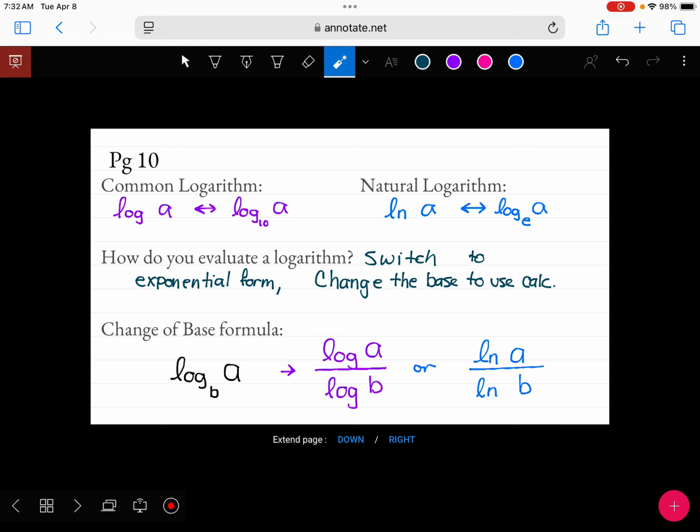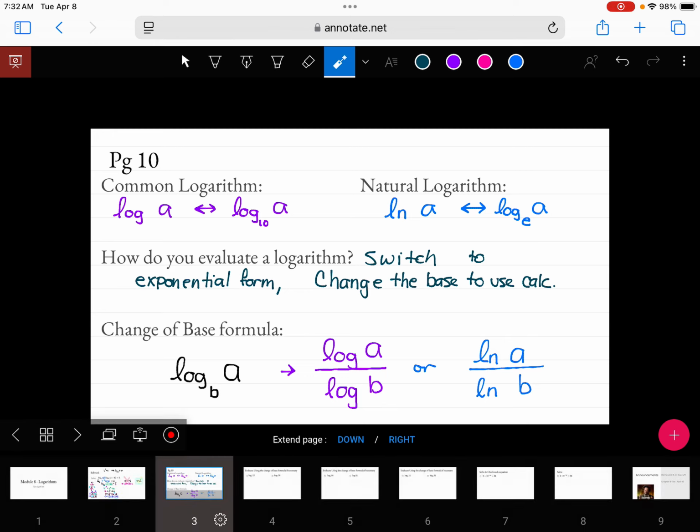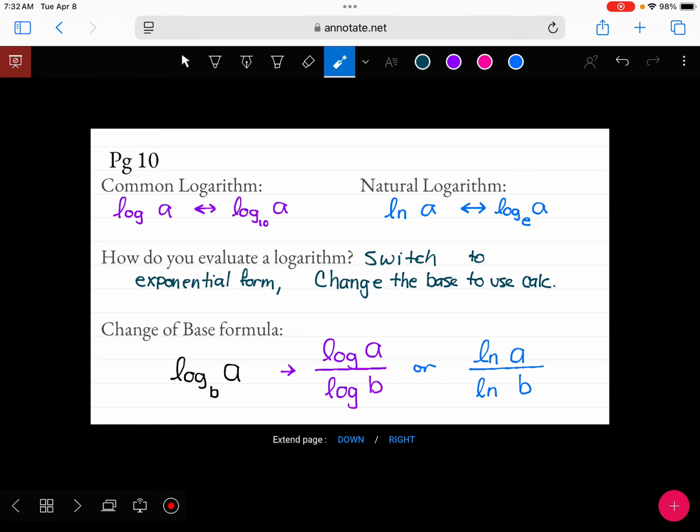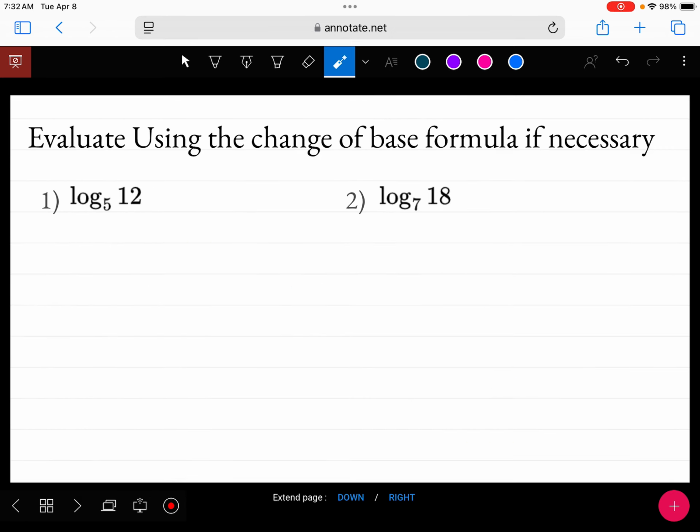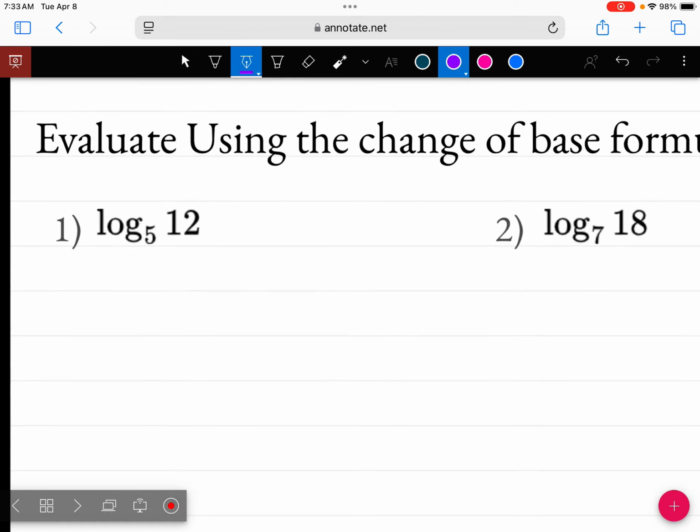So we're going to start by looking at the bottom piece here and figuring out how this helps and what some of these values are. So those 6 pieces down at the bottom there. But this is one of those really important formulas. The bottom piece says evaluate and use the change of base formula if necessary. It's not always going to be necessary.